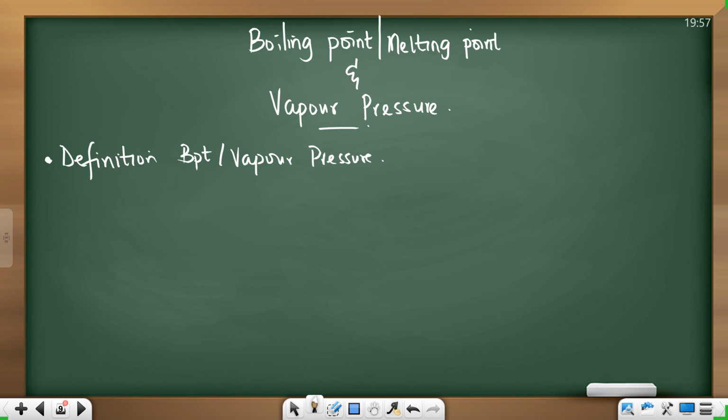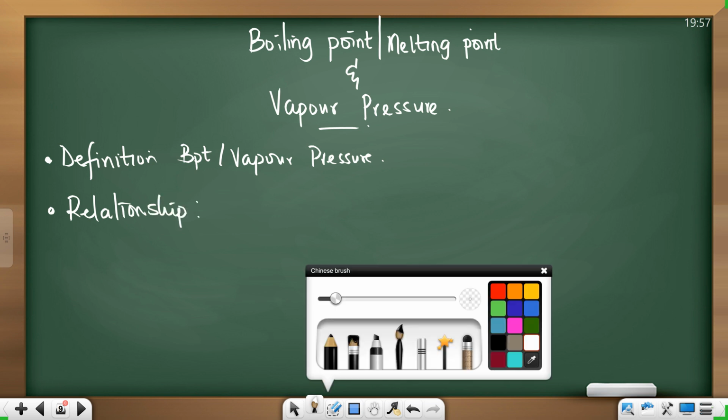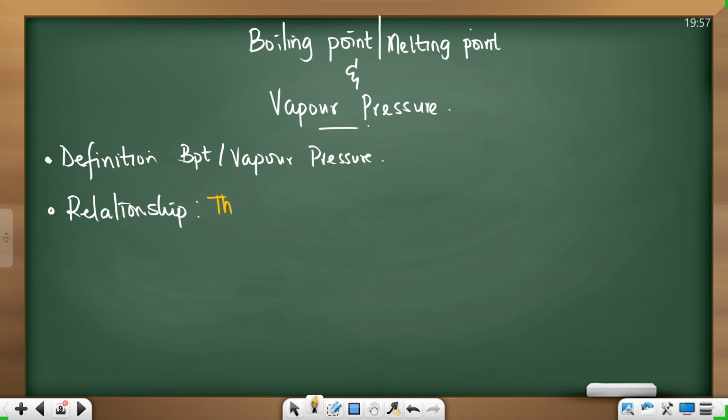All right. Second thing is, what are the factors that affect boiling point? Or before I go to that, what is the relationship between boiling point and vapor pressure? They are not inversely proportional. I'm going to write that with a different ink. They are not inversely proportional, please.